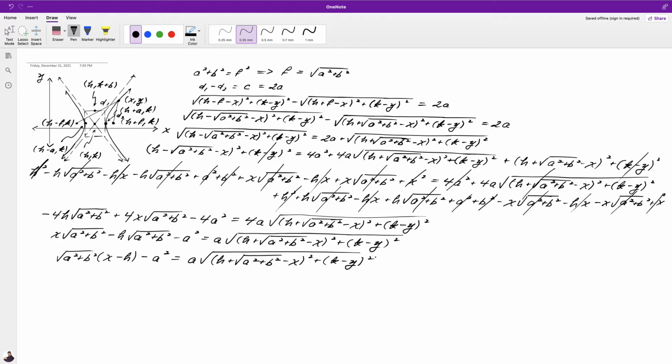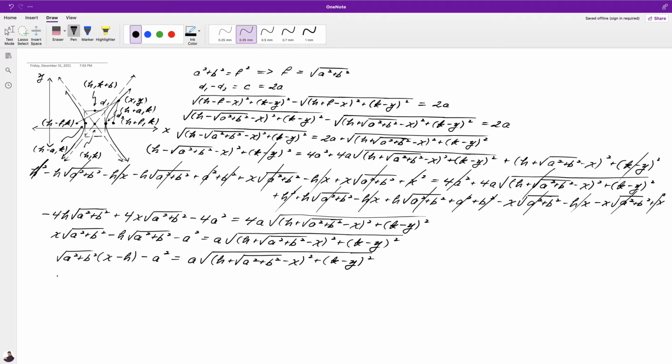We got a binomial now on the left-hand side as opposed to a trinomial, having factored out the square root of a squared plus b squared. Let's check that and make sure we've committed no errors. Looks good. Let's go ahead and square both sides.